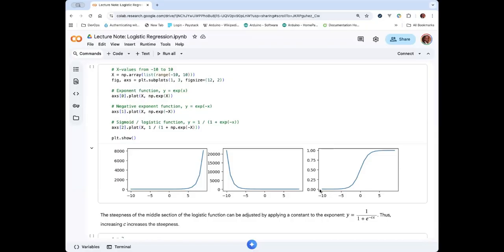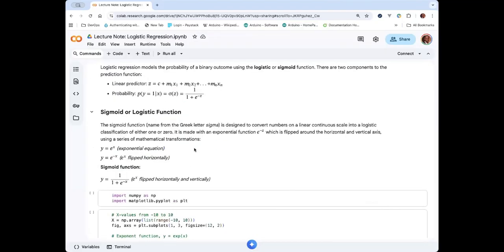It tends to 0 in the negative infinity direction, and it tends to 1 in the positive infinity direction. So it can never be higher than 1, and it can never be less than 0. With that, you have effectively constrained the outcome between those two extremes, 0 and 1.